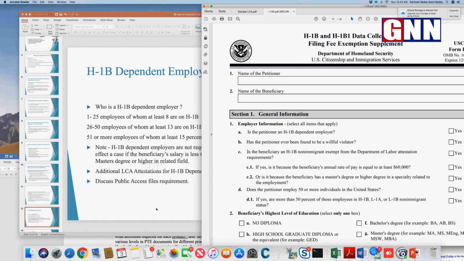The other thing is, a lot of times employers don't pay the H1B worker during federal holidays, or they don't provide vacation, whereas they would provide vacation and holidays to a citizen or a green card holder, which could also lead to a discrimination lawsuit. So it's better that the employer has a fixed benefits package for everyone across the board, whether the person is on H1B, green card, or a citizen.